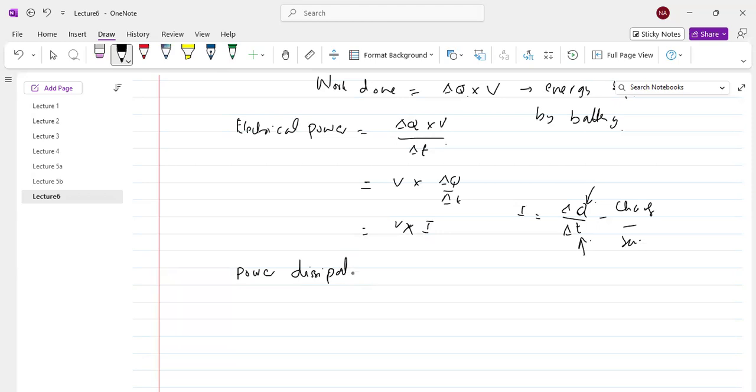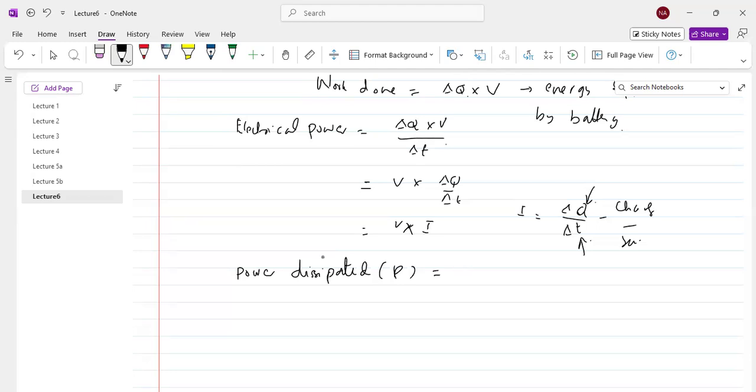The word dissipated is usually used whenever electrical energy appears in the form of heat, or any other form of energy when converted into heat energy. Then this power is called power dissipated.